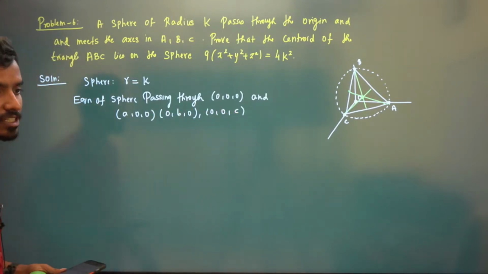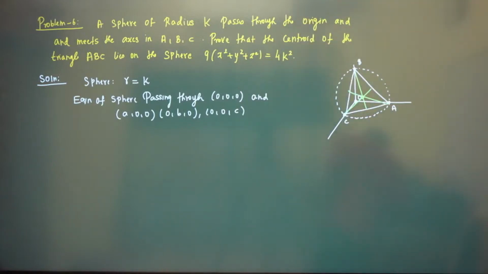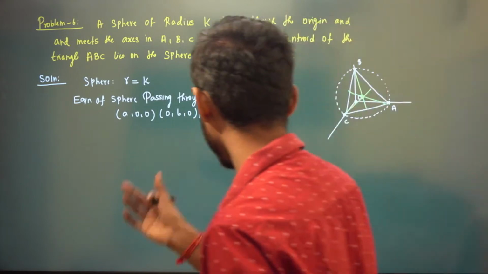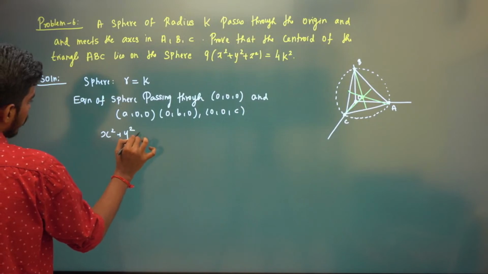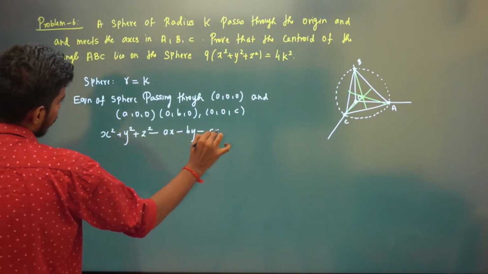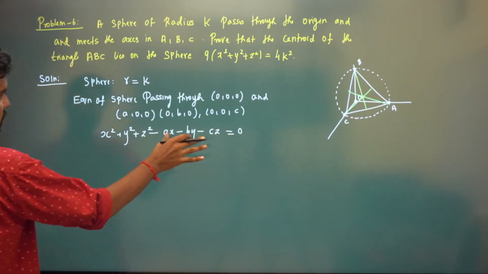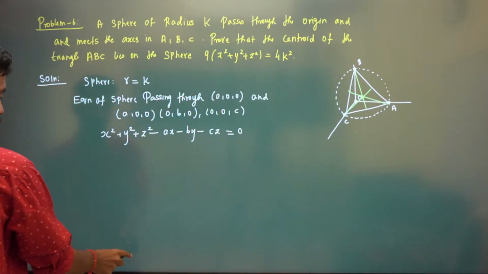We already found this equation: x square plus y square plus z square minus ax minus by minus cz is equal to 0. This is the equation of the sphere that passes through the origin and A, B, C.